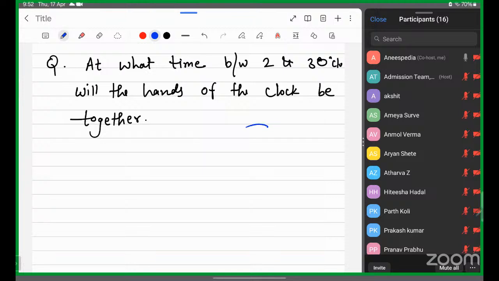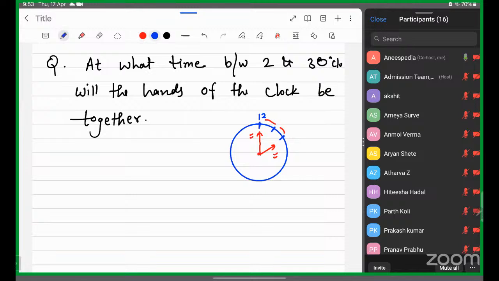If we look at the situation, this is 12, this is 1, and this is 2. And it is 2 o'clock. Our hour hand will be here, minute hand will be here. So this is the case. So there is a 10-minute difference between minute hand and hour hand.